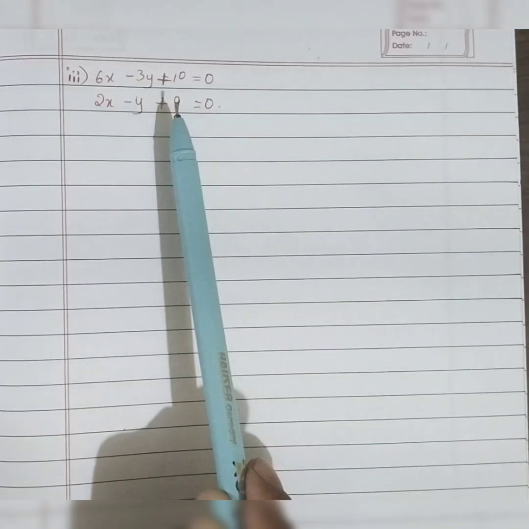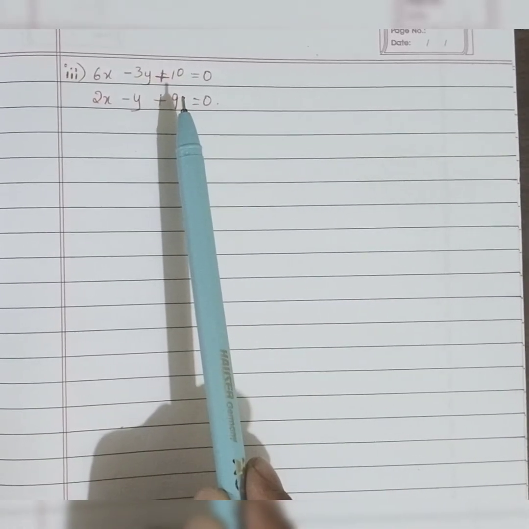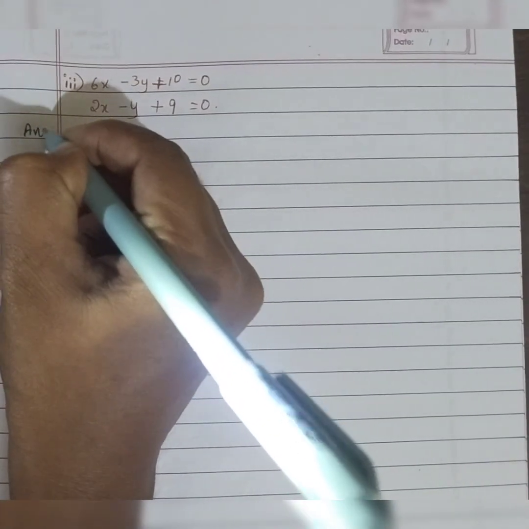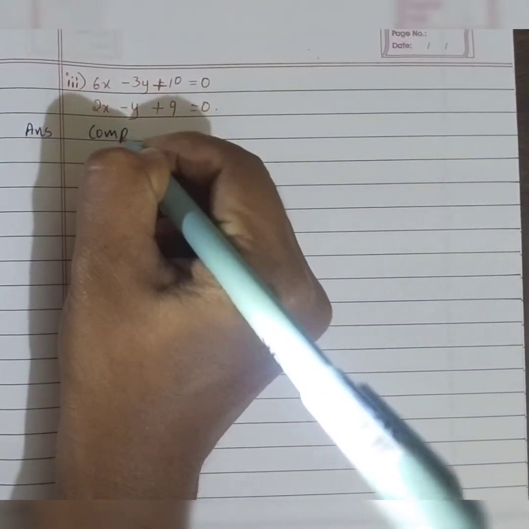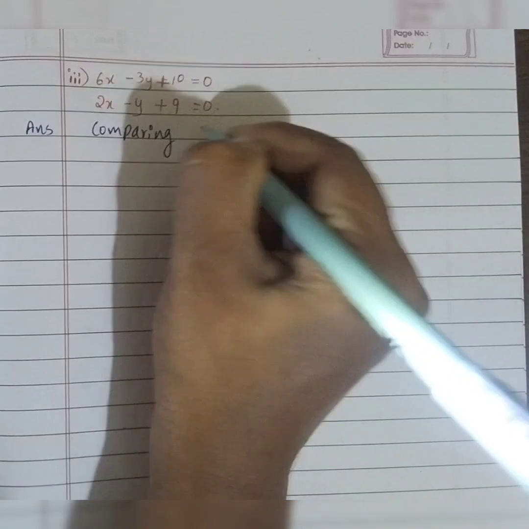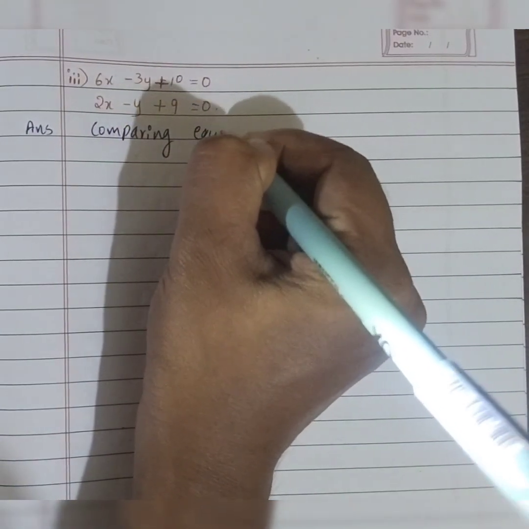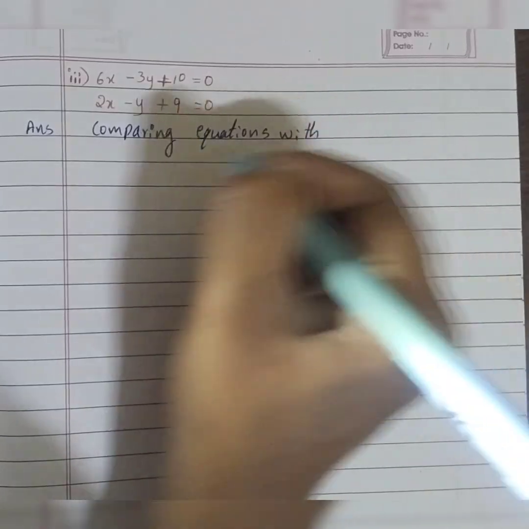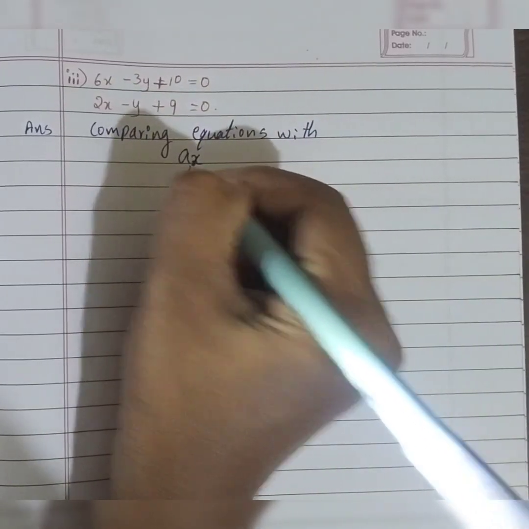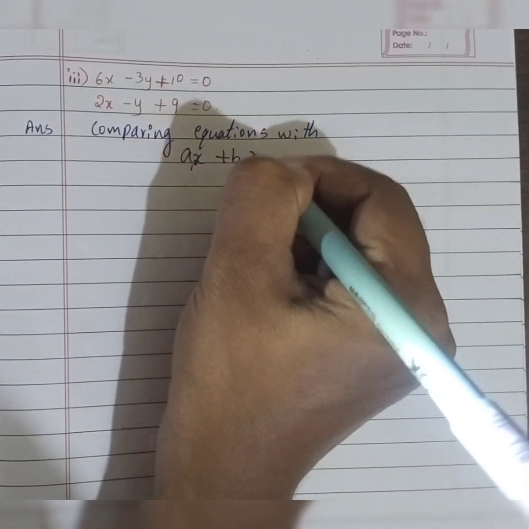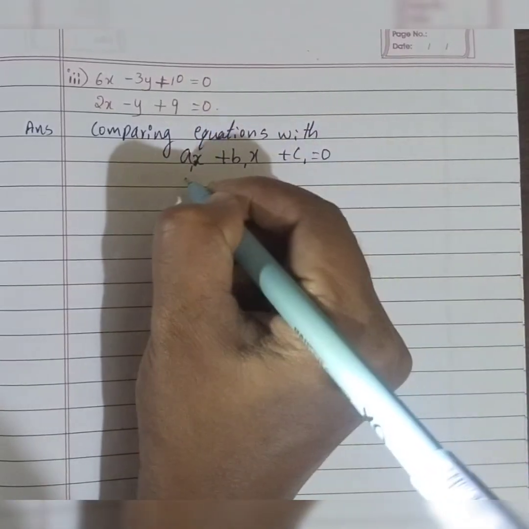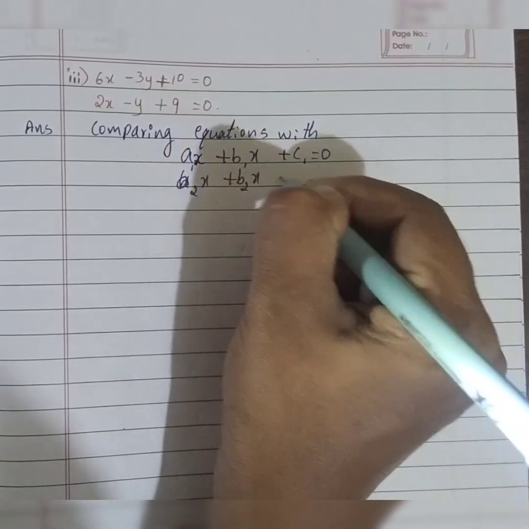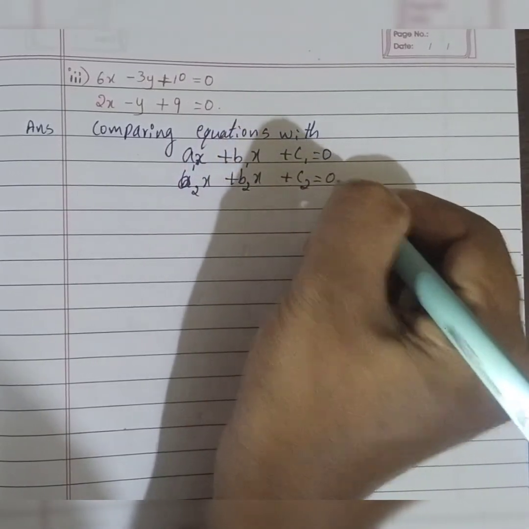We have to write this equation by comparing with a1x plus b1y plus c1 is equal to 0, a2x plus b2y plus c2 is equal to 0.